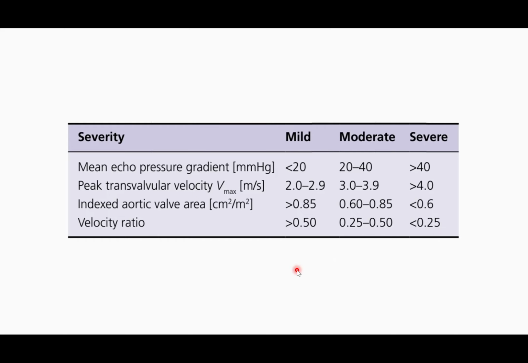So, for example, if the velocity is 4 meters per second at the aortic valve and 1 meter per second at the LVOT, this signifies severe aortic stenosis.